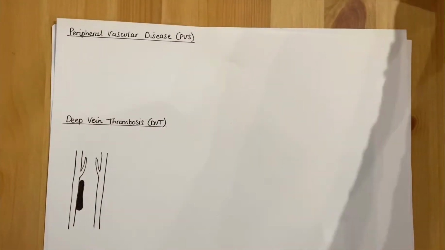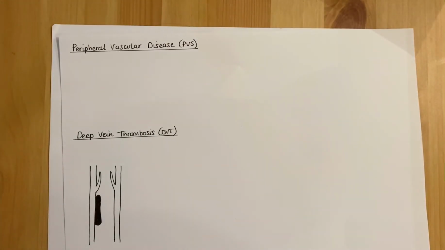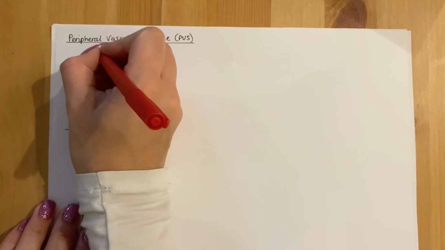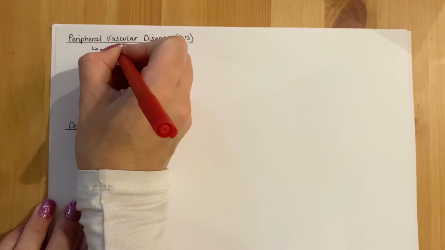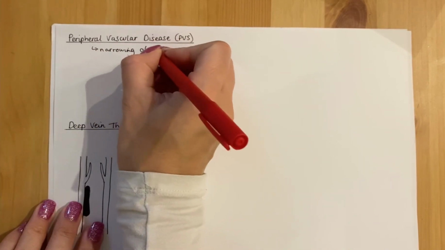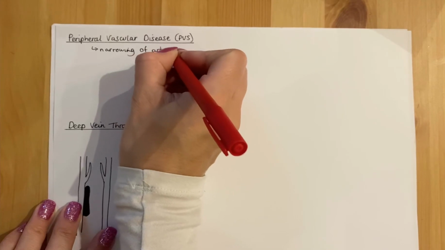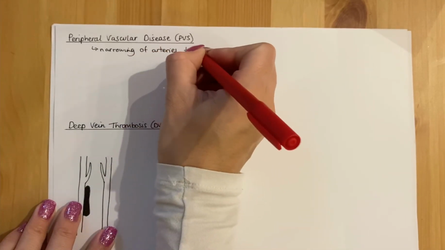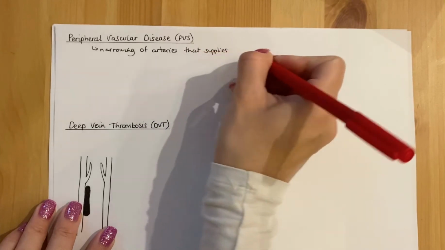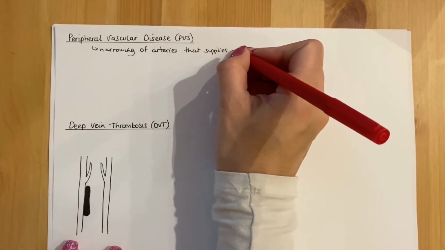So peripheral vascular disease is the narrowing of the arteries that supply the limbs, and that's due to atherosclerosis. When this occurs, it can lead to restriction of blood flow.